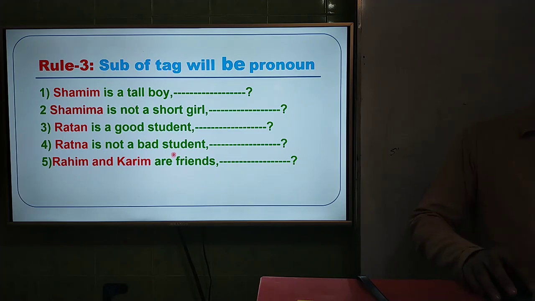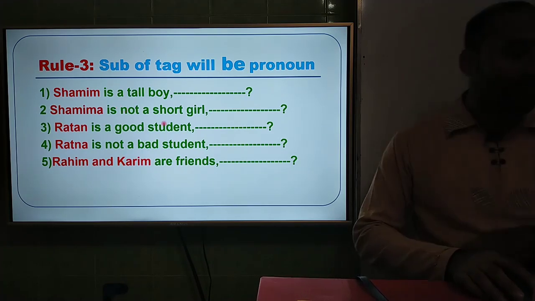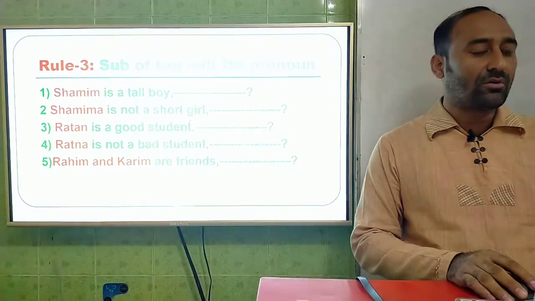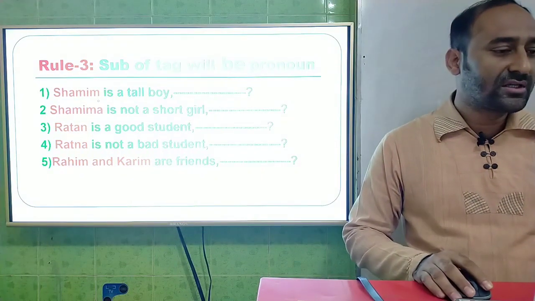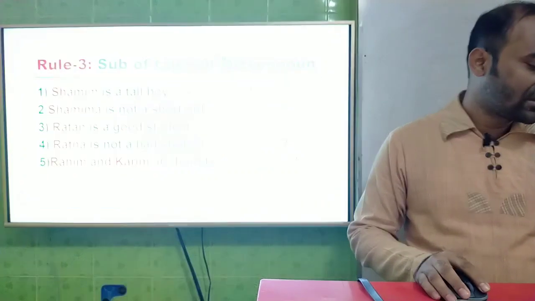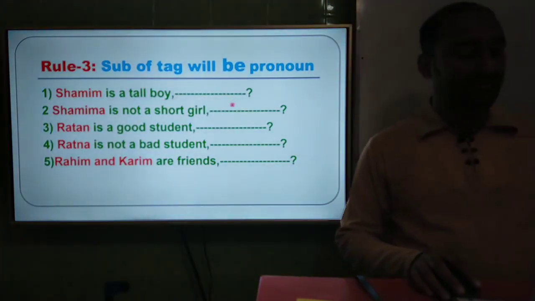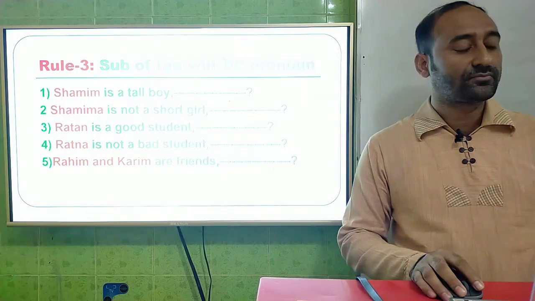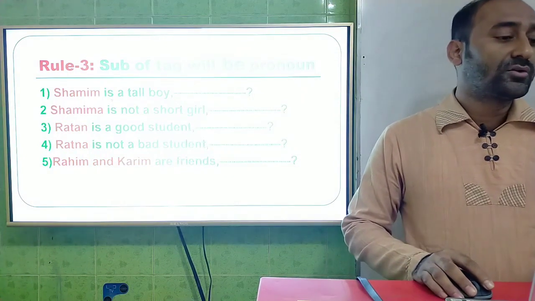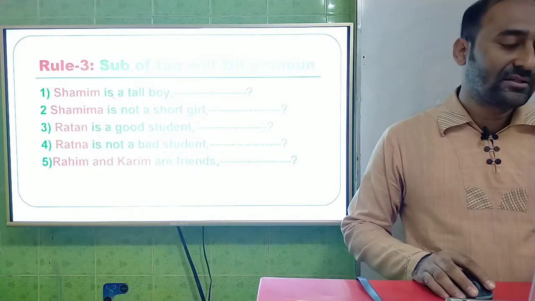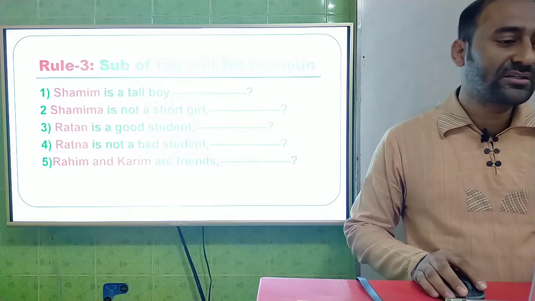Dear students, here the first one: Shamim is a tall boy. You see that this is an affirmative sentence, and according to the rules, the tag question will be negative. So here the operator is is, and is will be used to make this tag question.